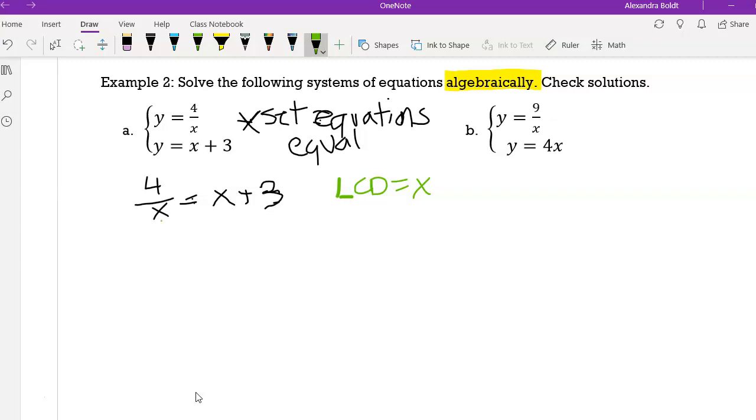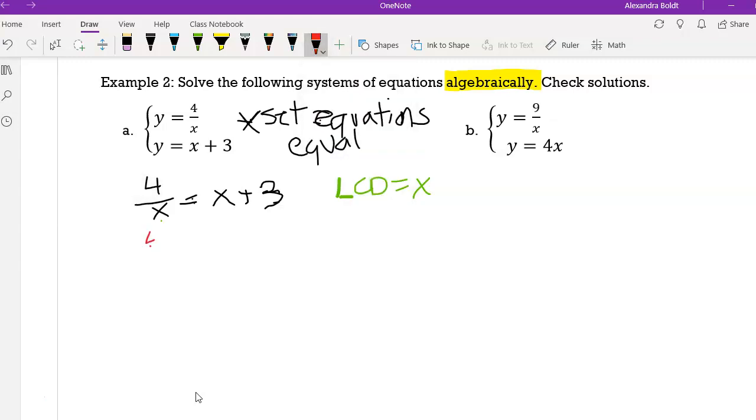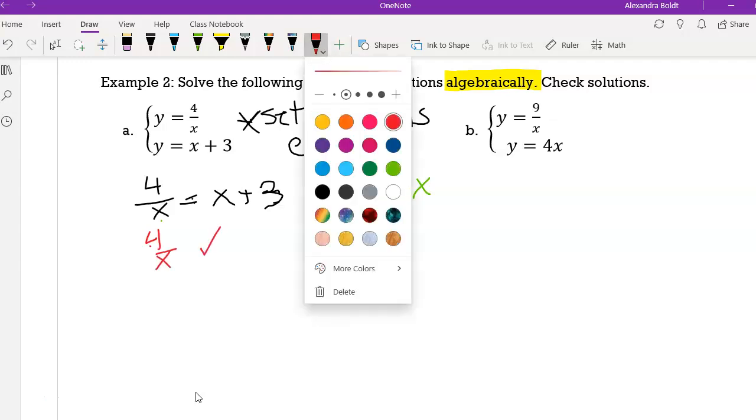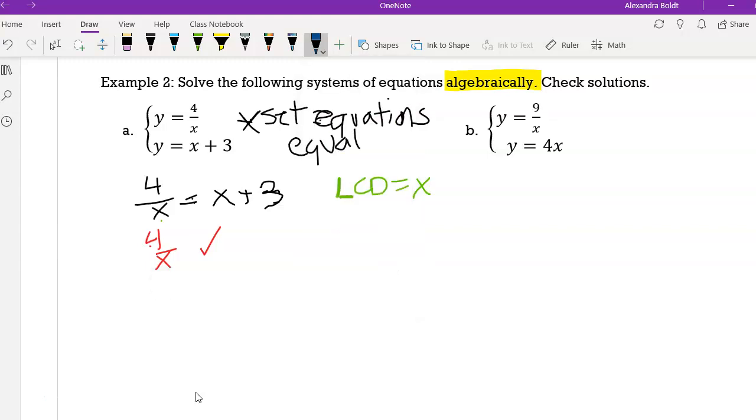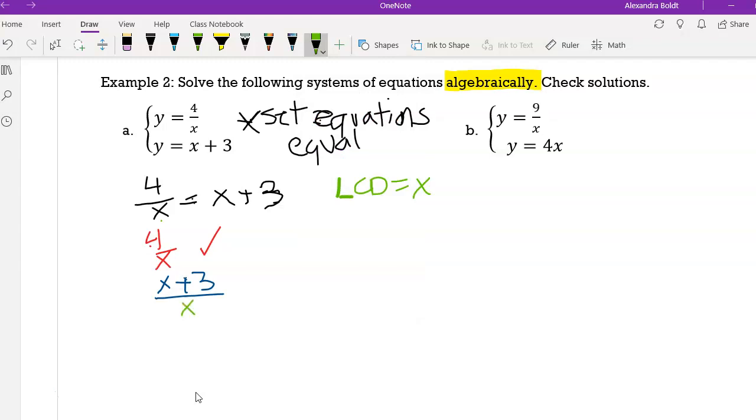Okay. So 4 over x is already good. X plus 3 doesn't have any denominator, so it needs an x.